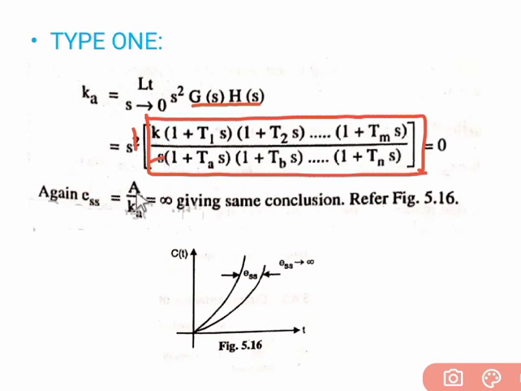So if we put the limit s tends to 0, s in the numerator becomes 0. So if we put the value of Ka equal to 0 in ESS, it becomes infinity. So steady state error is infinity. That means these two will never meet at infinity. So the error in parabolic input for type 1 systems is very large.